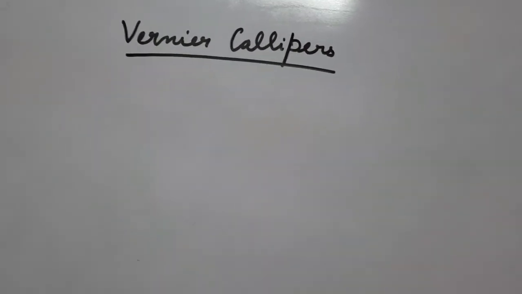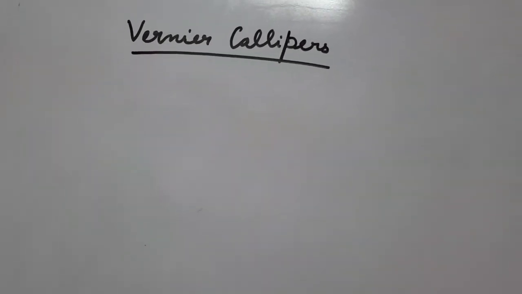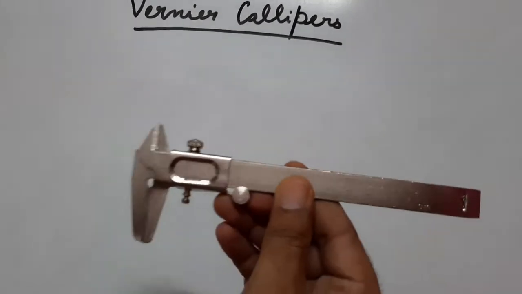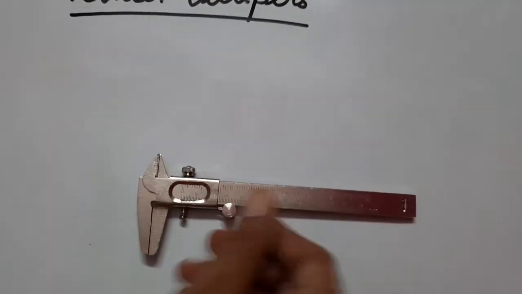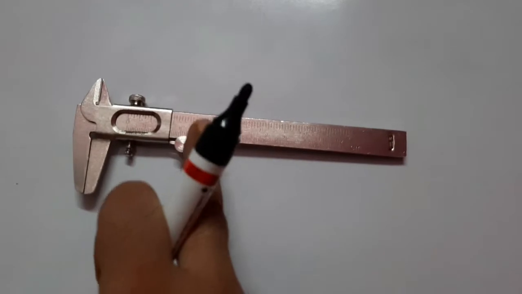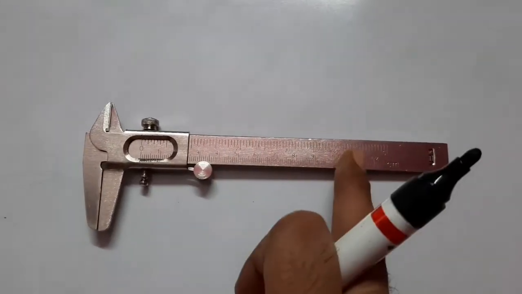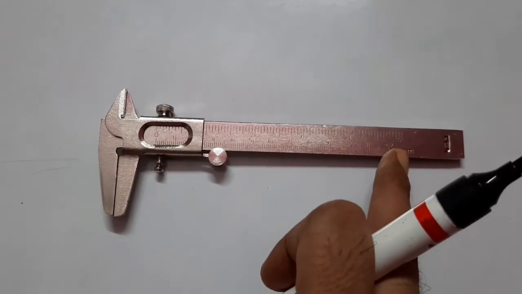So now coming on to this vernier caliper, let me explain you about the parts of the vernier caliper. This is called the main scale of a vernier caliper.